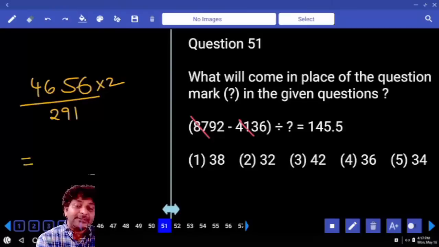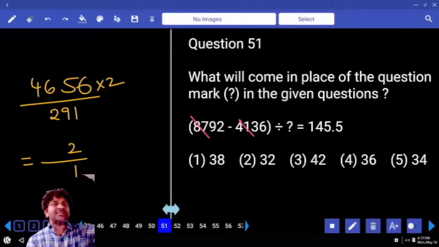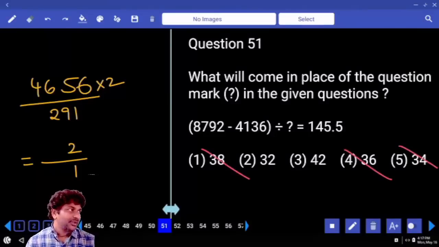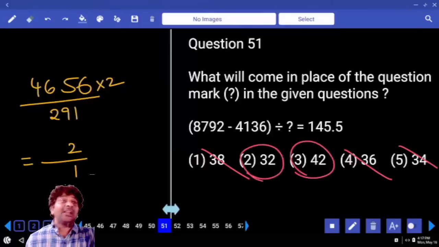The numerator ends with 2 into 6 ends with, the denominator ends with 1 into which number ends with 2? That means your answer must end with, how many options are there? Okay, observe these two options, 32 and 42. 42 is a multiple of 3, but 32 is not a multiple of 3.